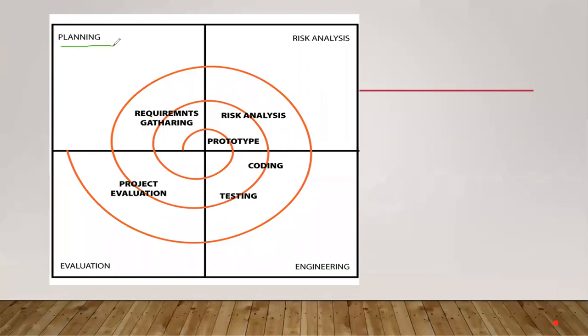And coming to the second phase, the second phase is the risk analysis phase. Third phase is the engineering phase. And the fourth phase is the evaluation phase. This is the fourth phase.